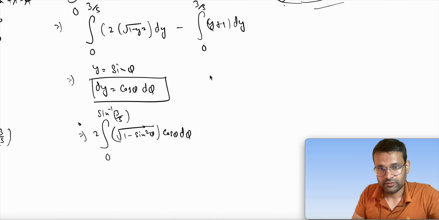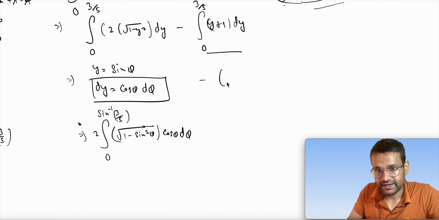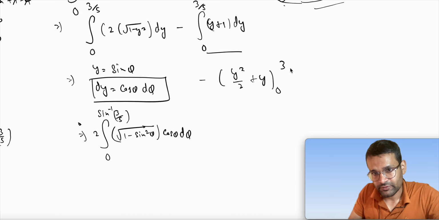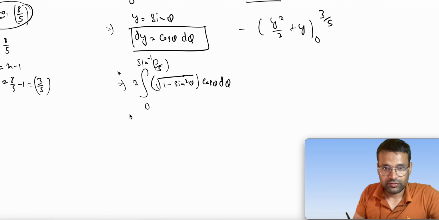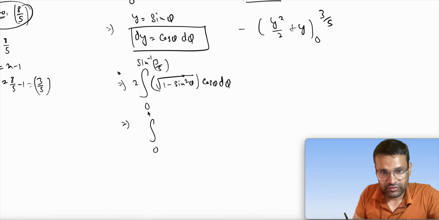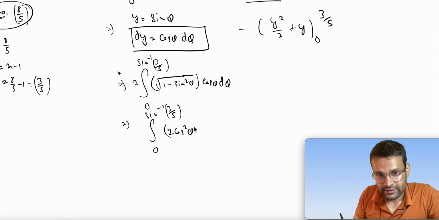Now we don't need to transform this part, you simply write it as y square by 2 plus y, from 0 to 3 by 5. Now you solve: from 0 to sine inverse 3 by 5, it is almost 2 cos square theta d theta.